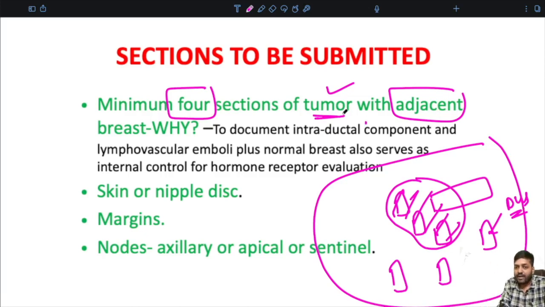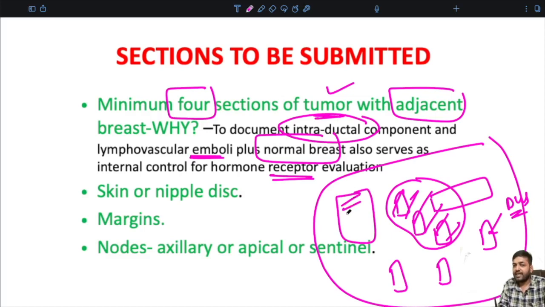So, to document the intraductal component and the lymphovascular emboli, plus normal breast also serves as an internal control for hormone receptor evaluation, in case we are carrying out immunohistochemistry. If we take the normal breast, it can serve as a control to see whether the staining is proper or not.